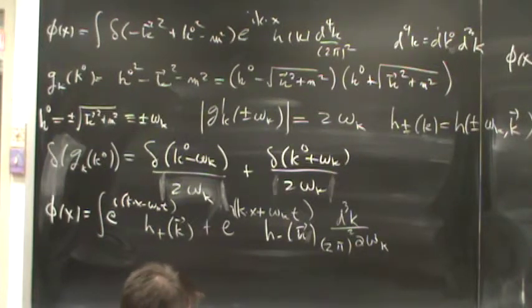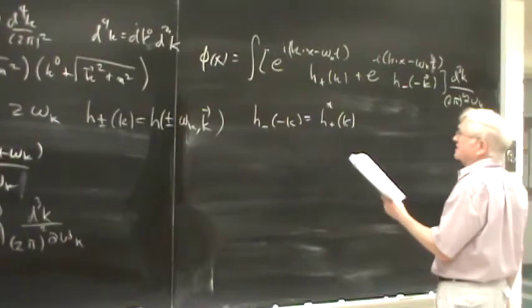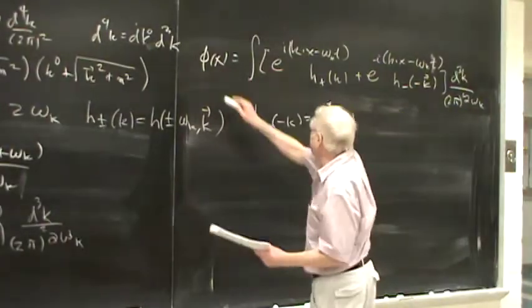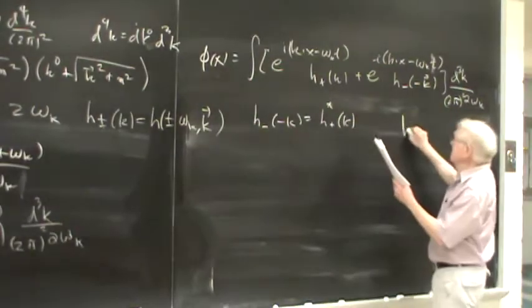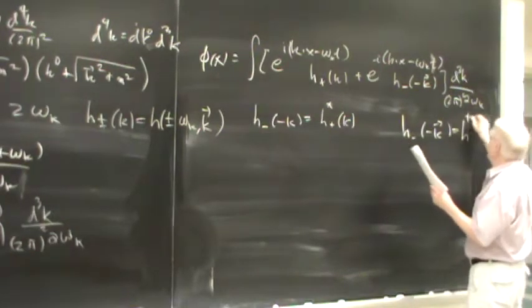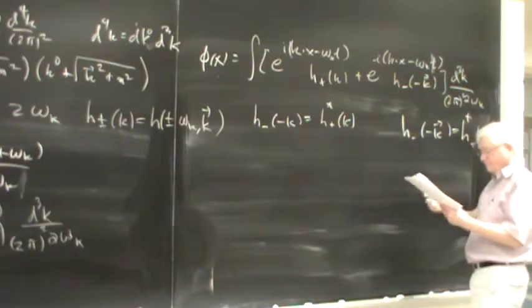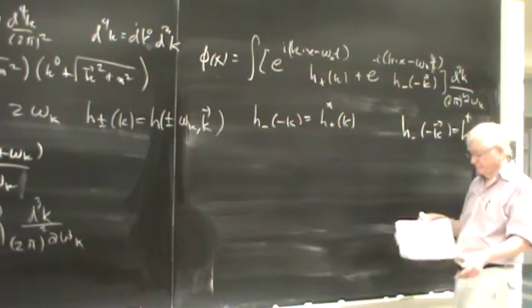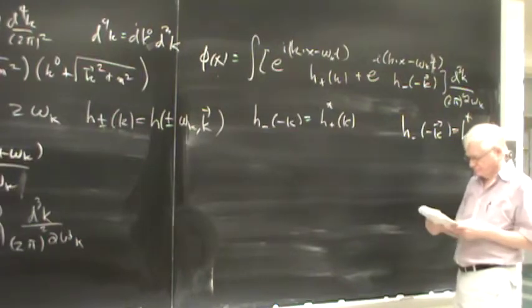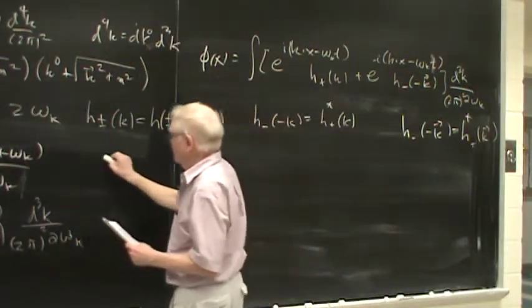That's if we're thinking of this as a classical field. If we're thinking of this as an operator, then what we have is h minus of minus k is h adjoint of k. In any case, what we get is the standard formula for a scalar field.